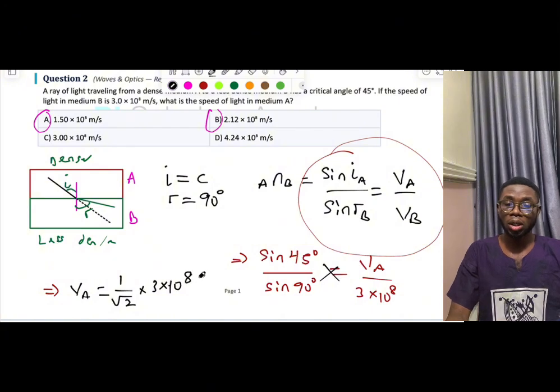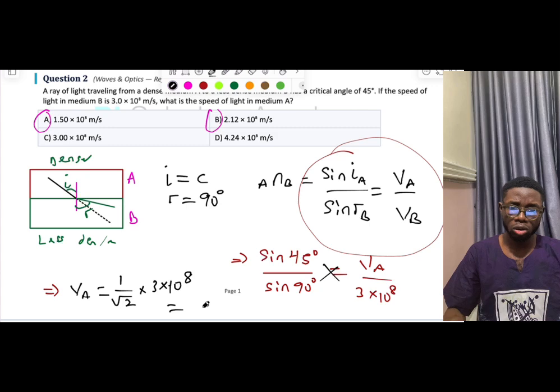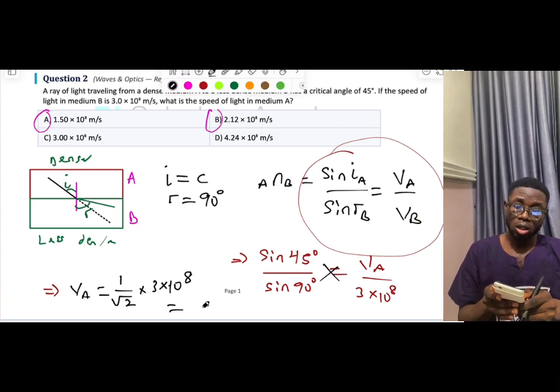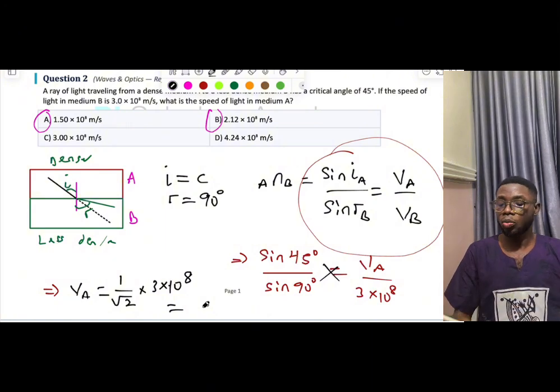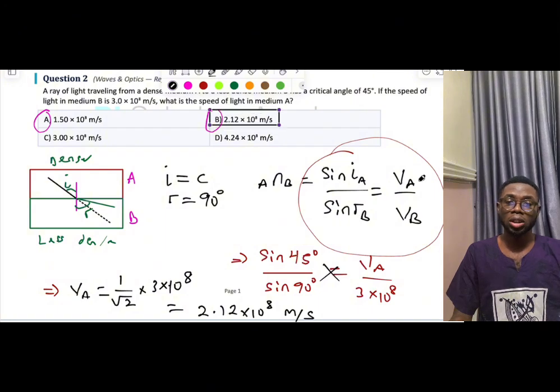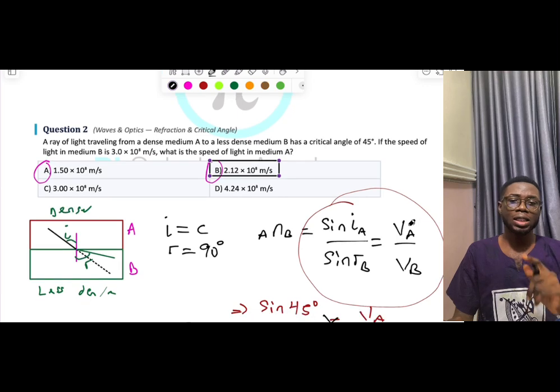On your calculator, that is 3 divided by the square root of 2, which is 2.12. So that's 2.12 times 10 raised to the power 8 meters per second. The correct answer to that question is option B, 2.12 times 10 raised to the power 8 meters per second. And that's it for question number 2.